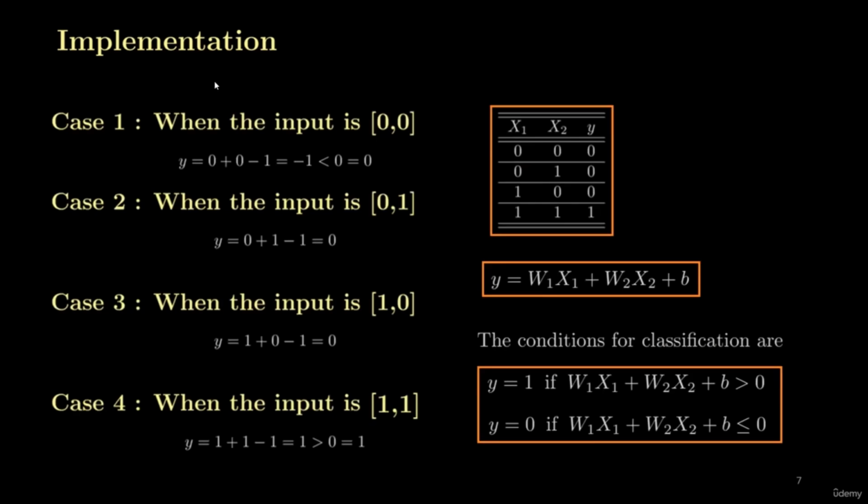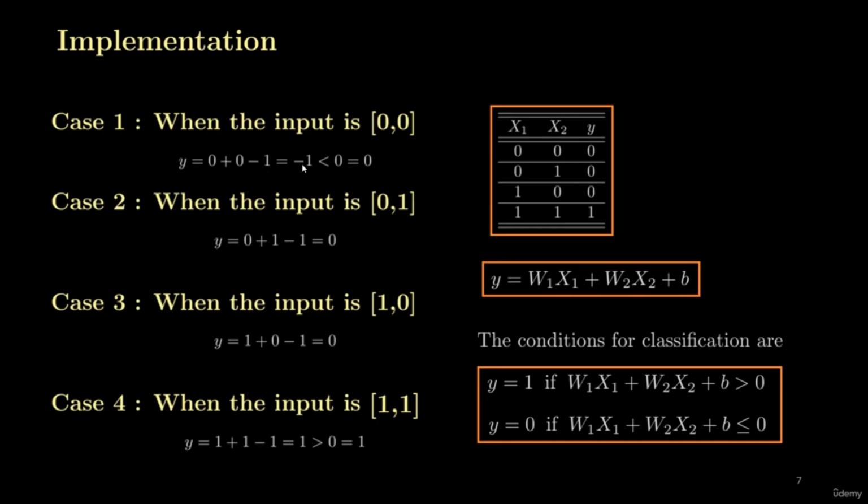So let's start the implementation. Our output equation of the perceptron is w1 x1 plus w2 x2 plus b. Let's put in the first data sample, case one. For the first data sample, both x1 and x2 are 0. Therefore, both these terms will be 0, and we will get only -1, which is the value of the bias.